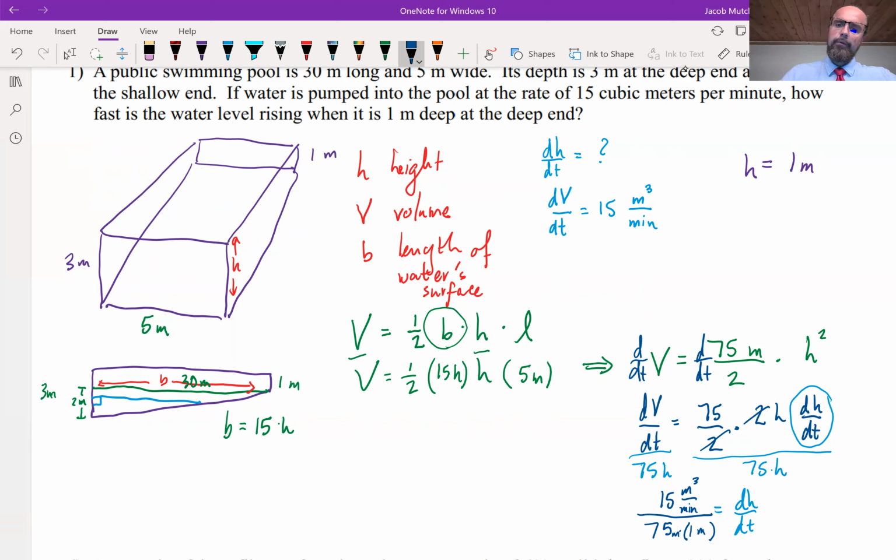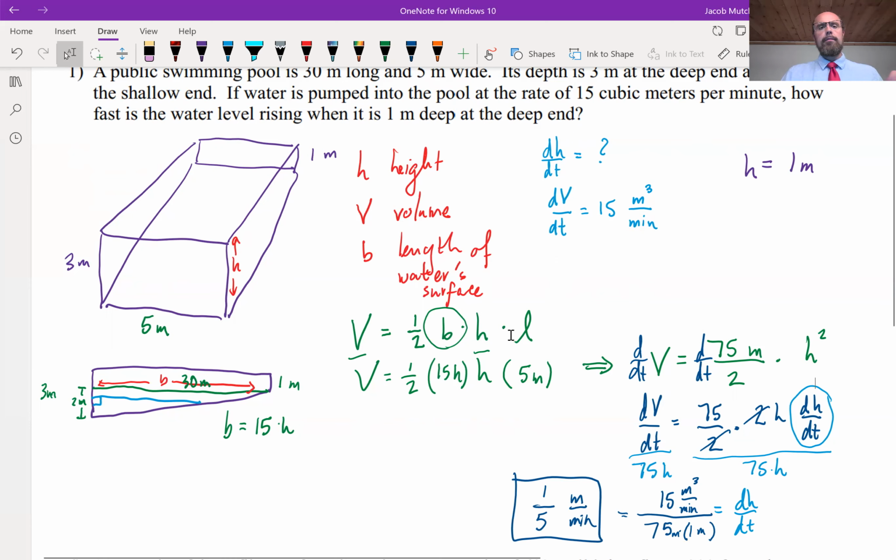So what we're looking at when we simplify that is really 15 over 75, which again would reduce down to 1 over 5. And if I cancel my units correctly, that should be meters per minute. And that is our solution. So the height changing rate when the water is 1 meter on the deep end is 1/5 of a meter per minute.